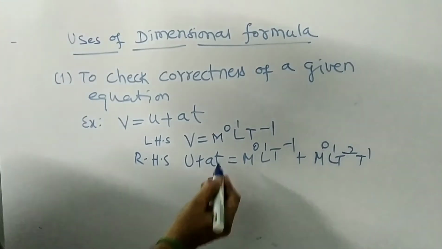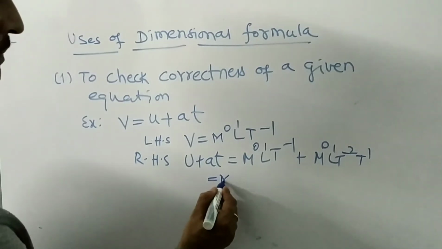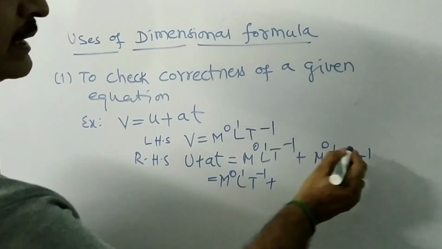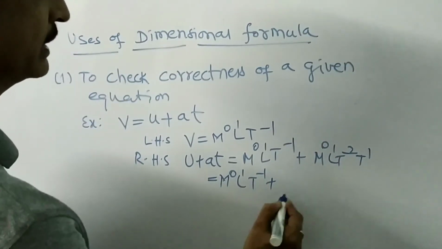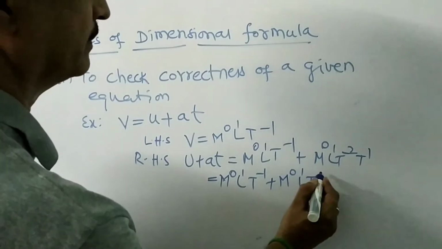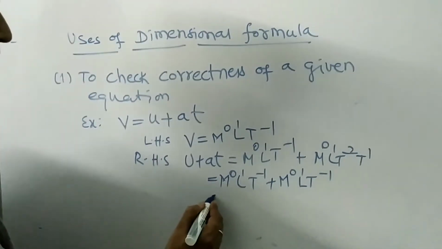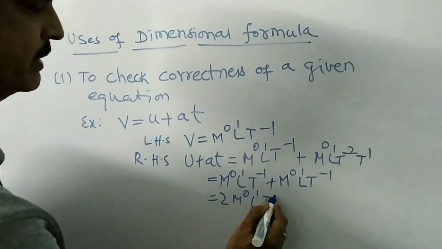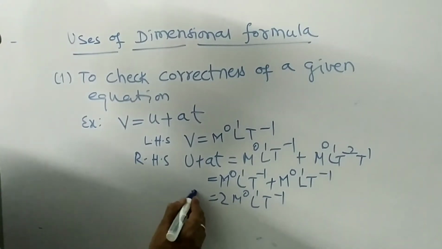Now if we take the RHS, then we have M to the power of 0, L to the power of 1, T to the power of minus 1, plus minus 2 minus 1 plus 1. So we have M to the power of 0, L to the power of 1, T to the power of minus 1. If you add, you will get 2 M to the power of 0, L to the power of 1, T to the power of minus 1. This is the RHS we have.